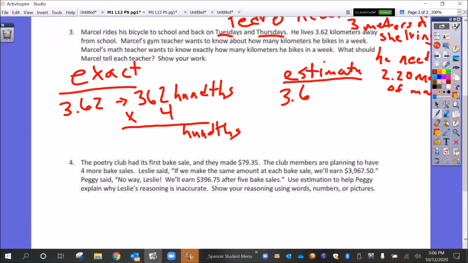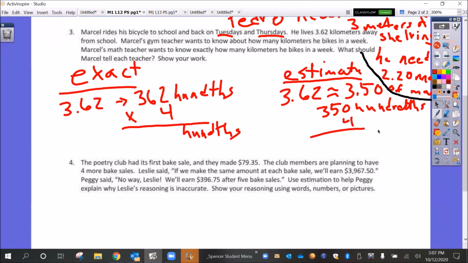So 3.62 is going to be approximately 3.5, or 3.50. So that would be 350 hundredths, right? Should have changed color so you don't get confused with that. So this is 350 hundredths times 4. We know our hundredths are coming down.